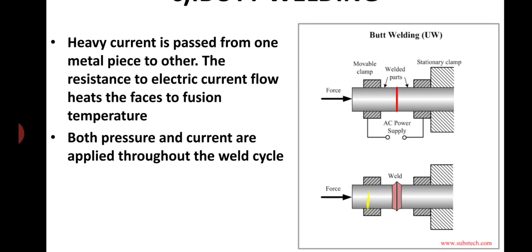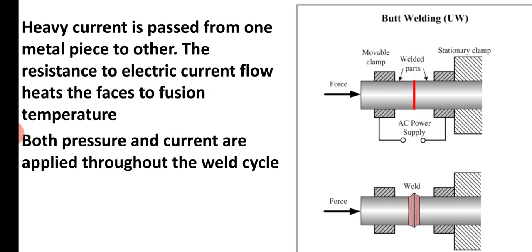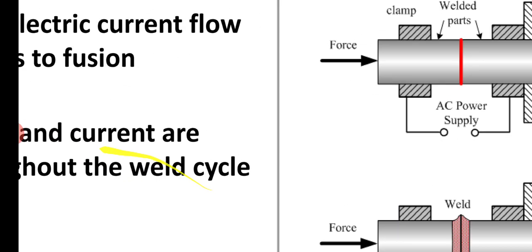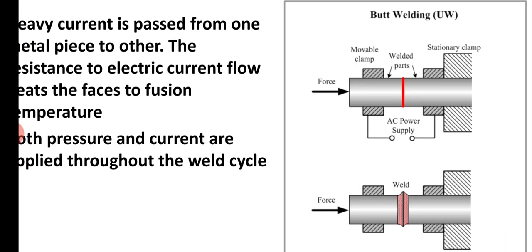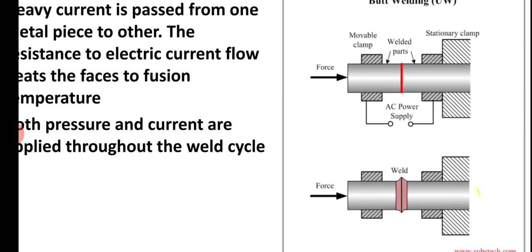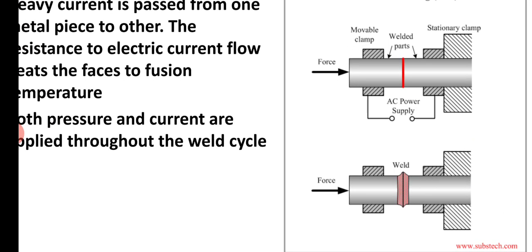Coming to butt welding, normally your workpieces will be cylindrical parts, and they can be joined end to end. Your job will be kept in a machine vise, and clamps will be provided.